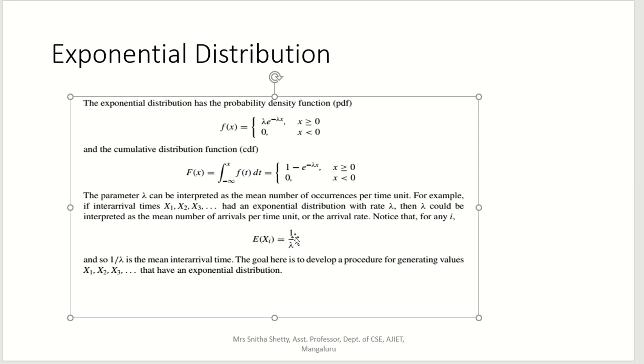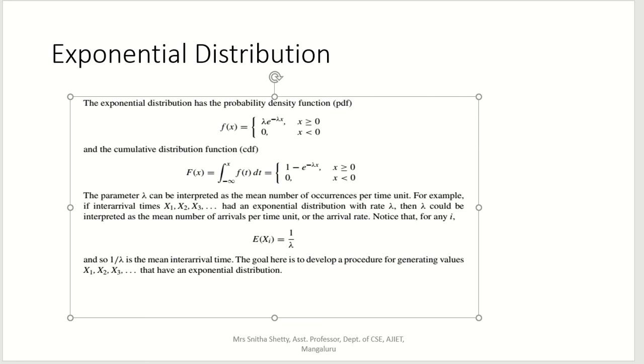So lambda is known as the mean, and 1 by lambda is the mean inter-arrival time. This is about the exponential distribution: you studied the PDF, now you understood the CDF, and this is the expected value. The expected value is not required for the formula, but you should know that lambda means mean, and you should know the CDF is 1 minus e to the minus lambda x when x is greater than or equal to 0.